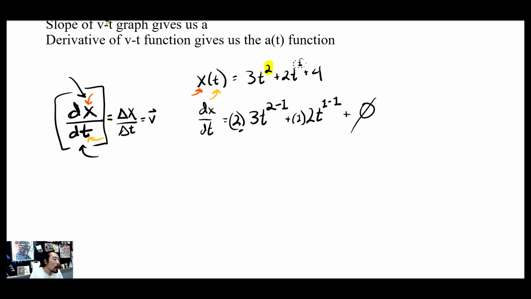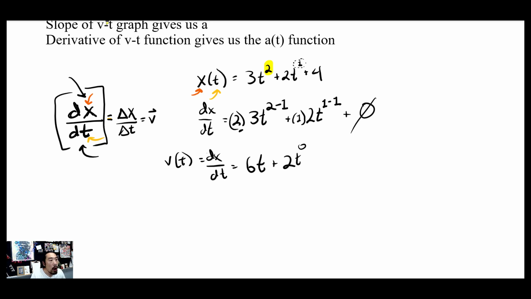Okay, so this line here is the uncleaned up version of the derivative, but if I were to clean it up, okay, I could write v of t because we know that we now have a velocity function, or we just want to keep it in the same notation, dx/dt is equal to 2 times 3, which is 6, t^(2 minus 1), which is just 1. Now I can write that 1, but we know that the 1 is there, plus 1 times 2, which is just 2, times t^(1 minus 1), which is 0.